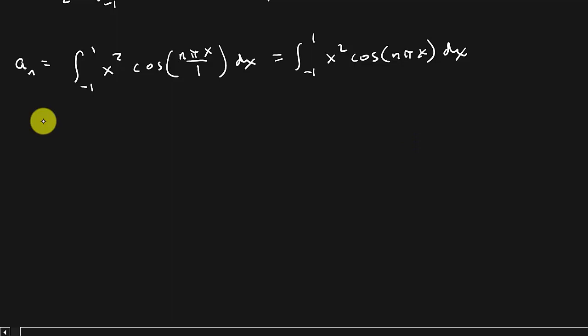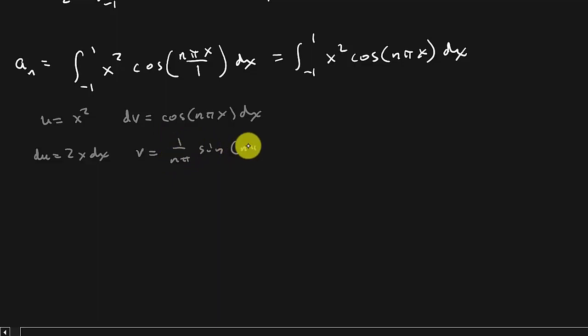All right. So we're going to let u equal x squared, dv is equal to cosine n pi x dx. So du is 2x dx. V, well, the antiderivative of cosine is sine, so that's going to be 1 over n pi sine of n pi x. And so now we get x squared over n pi times sine of n pi x from -1 to 1.